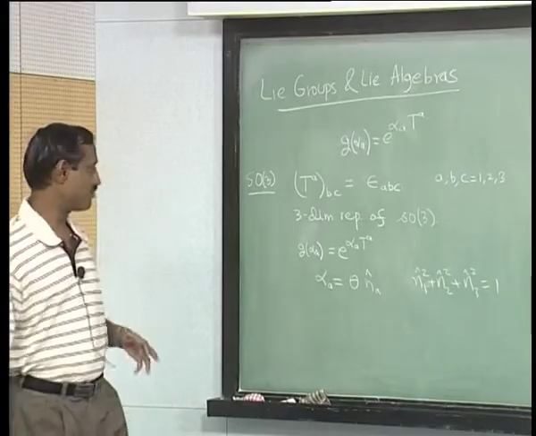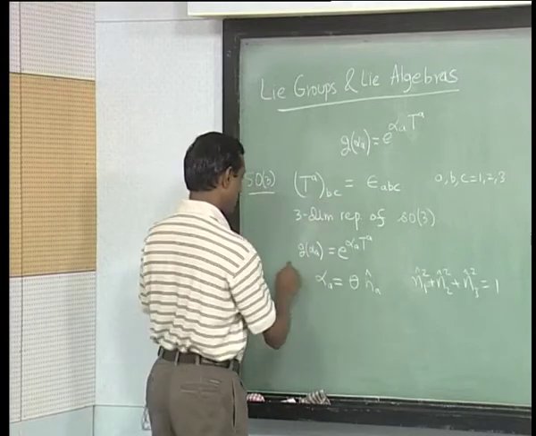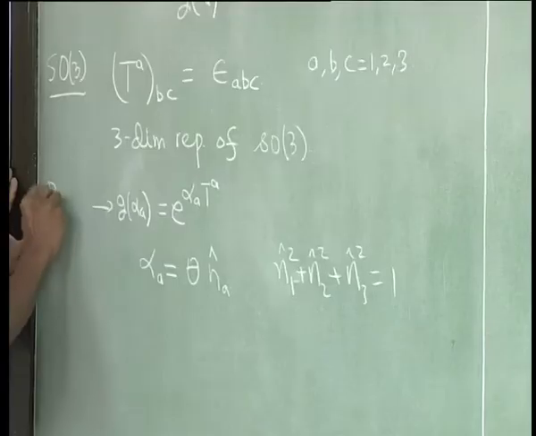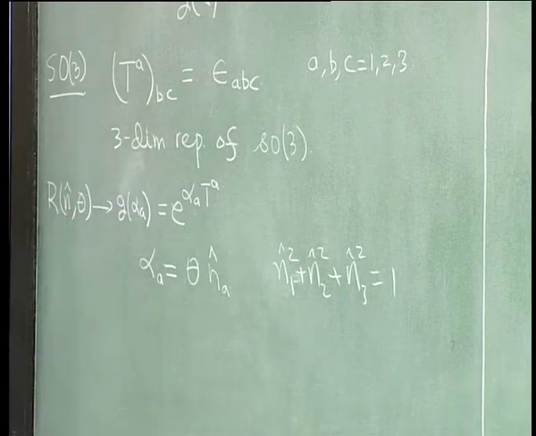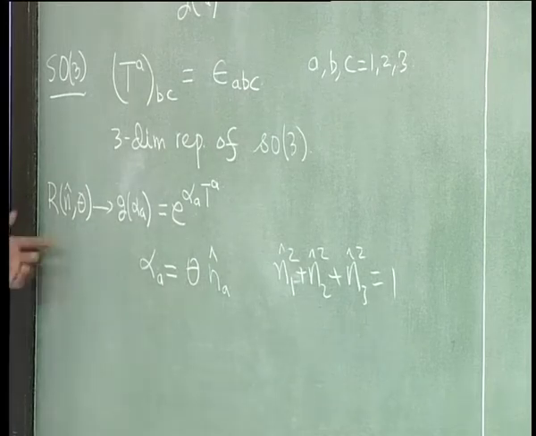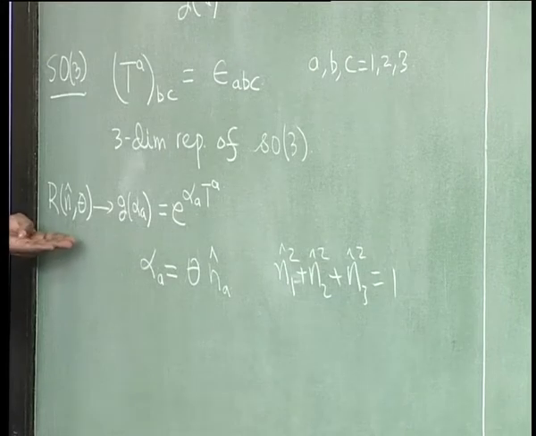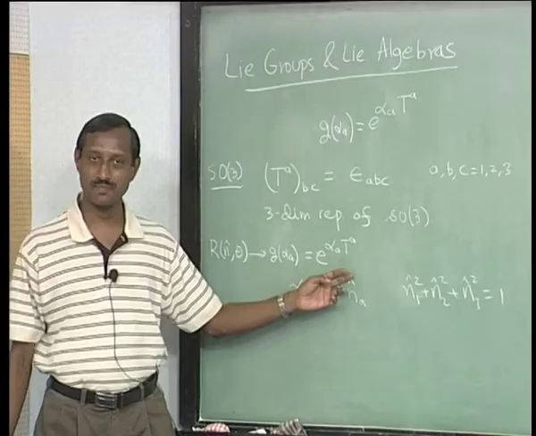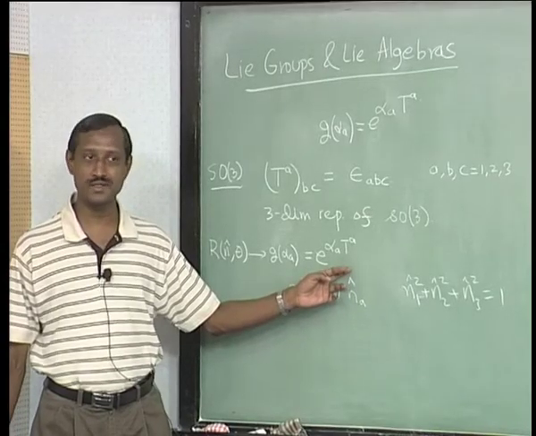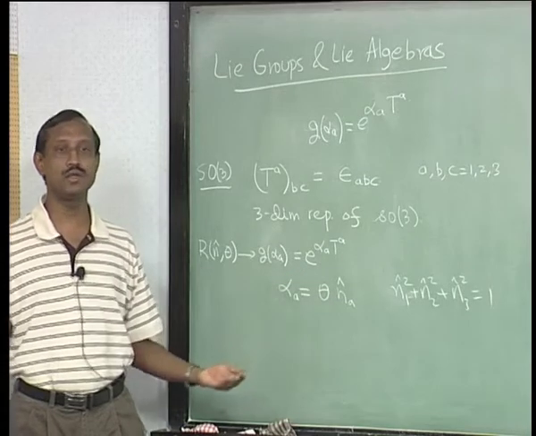If I have not, it does not matter. This is what we would have called in our earlier notation R of n hat and theta. So we see a nice connection between what we had seen in more elementary courses, or even earlier in this course, and something starting out from a much more abstract setting. The advantage of the abstract setting is that this kind of formula holds for arbitrary Lie groups.